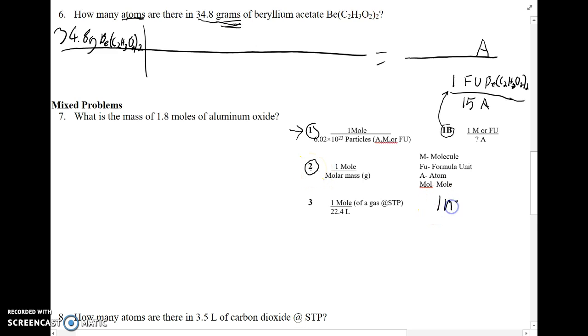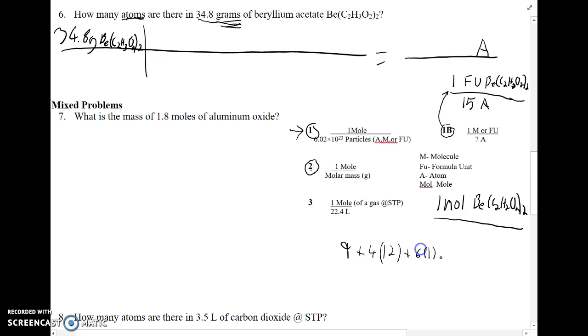I also want to go ahead and write down number 2. In 1 mole of beryllium acetate, I need to calculate the mass. So I'm going to look up all of those values on my periodic table, and I will space those out. I have one atom of beryllium, which has a mass of 9, plus carbon, which has a mass of 12, and there are 4 carbon atoms, plus hydrogen, which has a mass of 1.